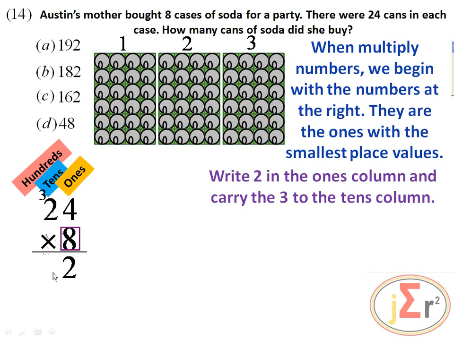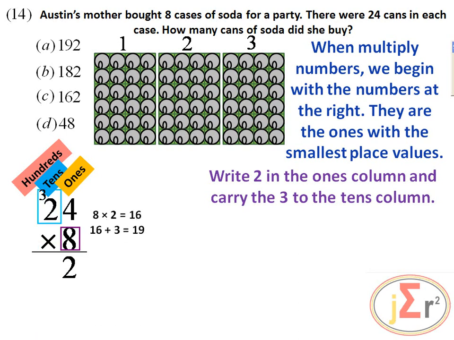Not only that, it has to be added to the result. So we know that it will fall in the tens column, which is the column of greater significance. So we carry that to the top of the column in order that it does not get in our way. So we carry the 3 to the tens column.